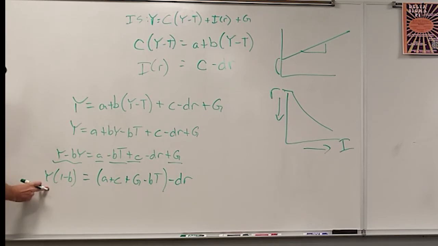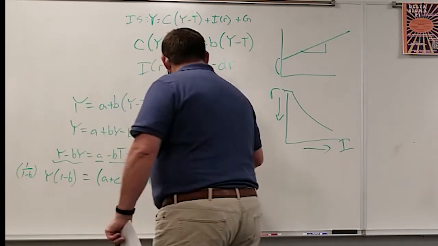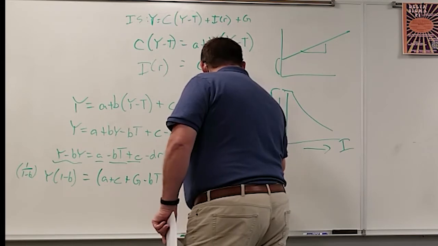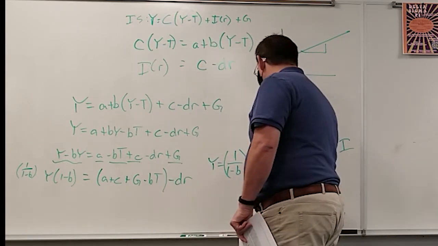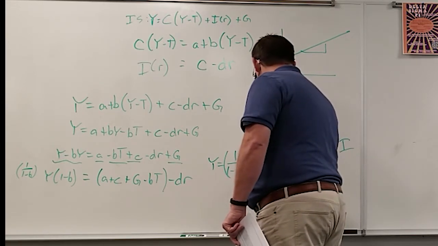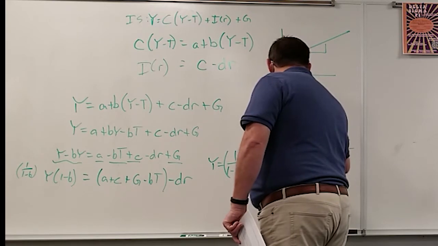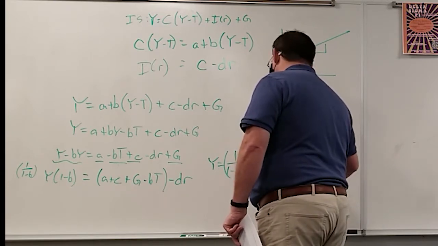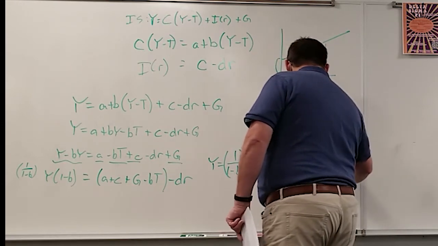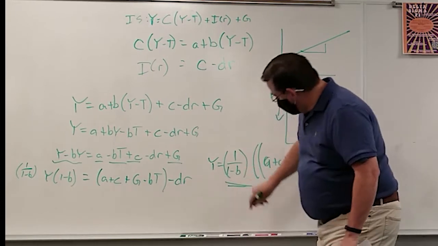To get y by itself, though, I have to multiply both sides by 1 over 1 minus b. And that'll get rid of this term. And what I'm left with is y equals 1 over 1 minus b times a plus c plus g minus bT, capital T, minus dr. And this is what we're looking at.